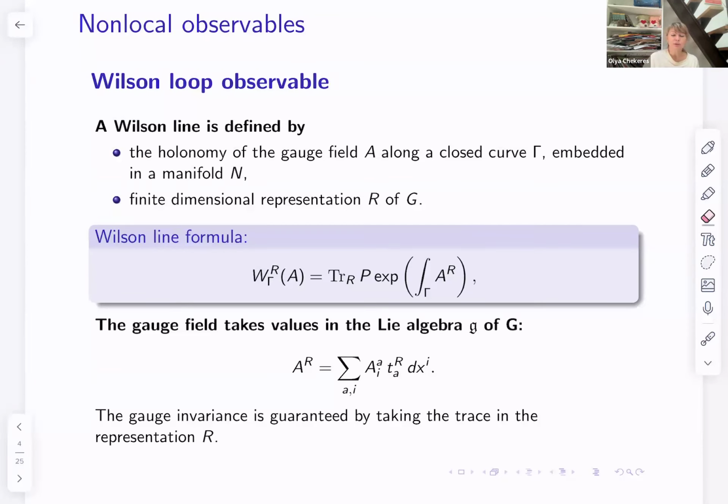And usually such a Wilson loop represents a certain phase, which a charged object, a charged particle, gains while being transported along a loop and returning to the same point.